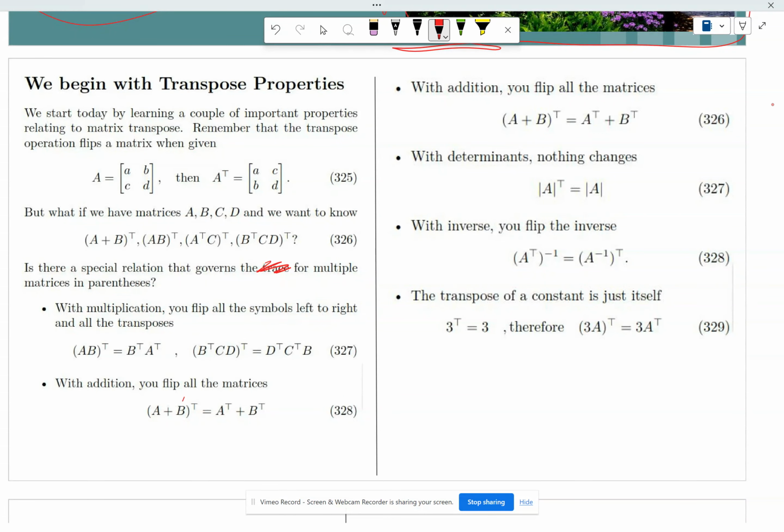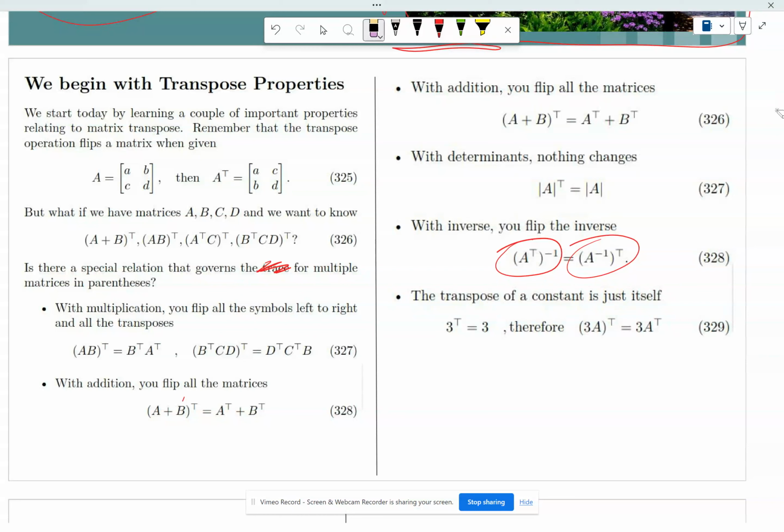Now, with determinants, the determinant of a transpose is actually just itself, so transposing the matrix doesn't really matter. The transpose of an inverse is equivalent to the inverse of a transpose.